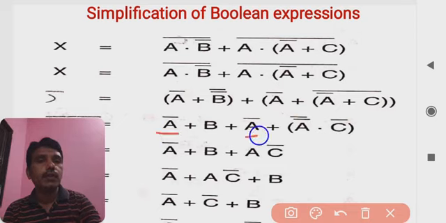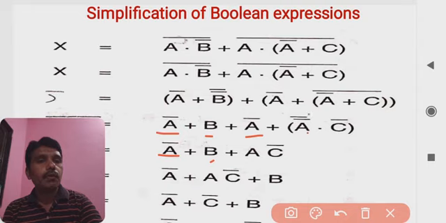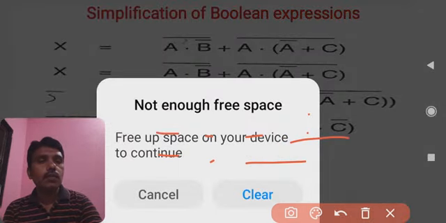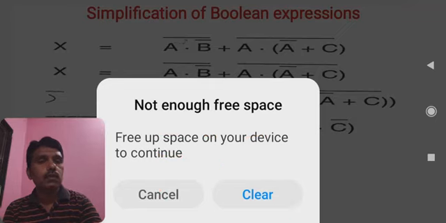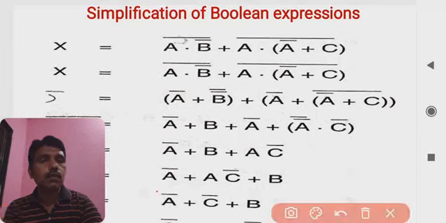Now let's see what we have remaining. A complement or A complement always gives A complement, or B as it is. Again here the complement of complement A is there, that's why A and C complement is there. We can write A C complement here. Looking at this stage again, it is A complement, or B, or A C complement.